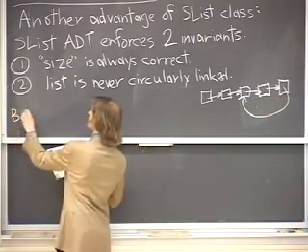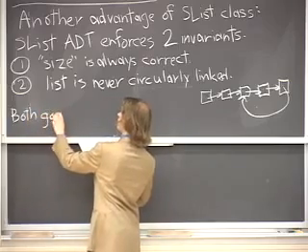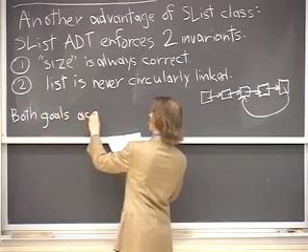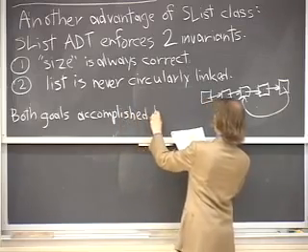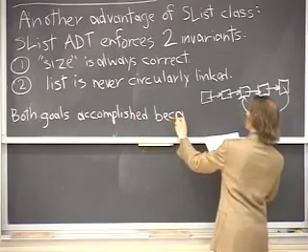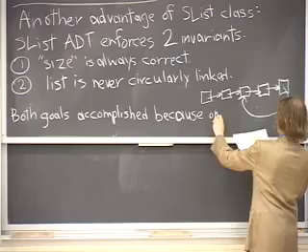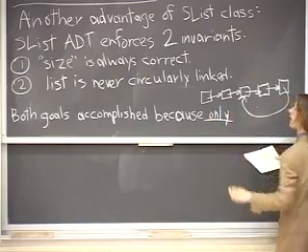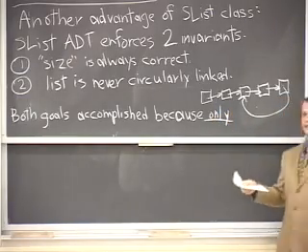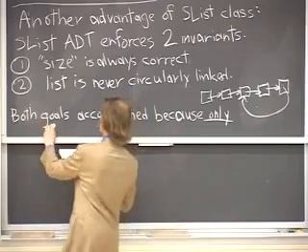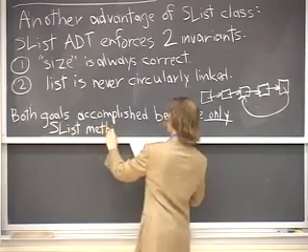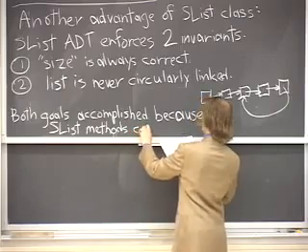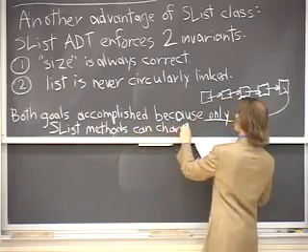Both of these goals are accomplished through a few simple Java mechanisms. So one way to look at it is that only the S-list methods can change the lists in any significant way, or can change the list's internal data structures.